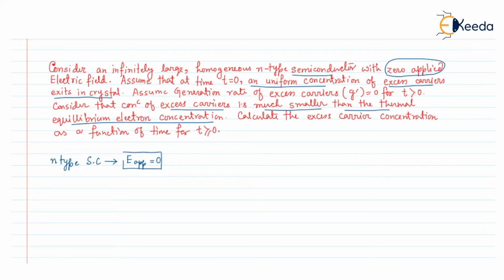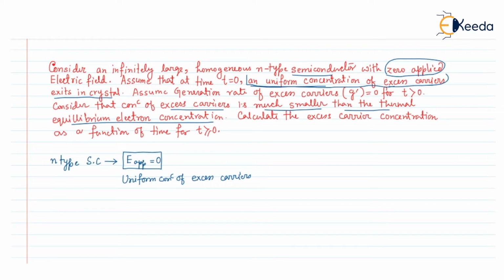This is provided in the question, and it is also written that there is a uniform concentration of the excess carriers.